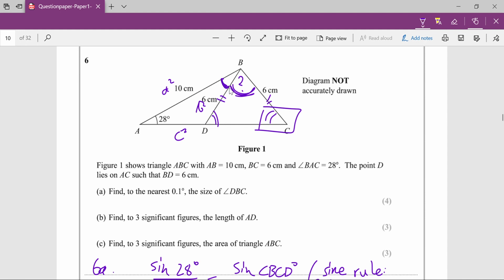So the missing link is this angle. We want to know what this angle is so that we may figure it all out, because otherwise I don't think it will be possible.